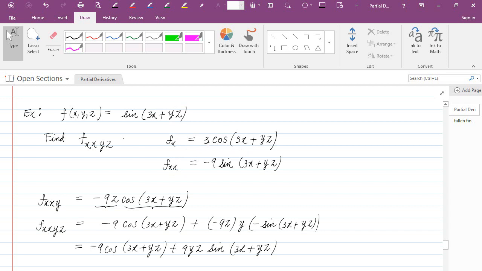So now it'll be 3 times the derivative of cosine of 3x plus yz with respect to x. The derivative of cosine is negative sine, so negative sine evaluated at 3x plus yz. And then we have to multiply by the derivative of 3x plus yz, which is going to be 3 again. We already had a 3 here; another 3 would give us a 9. So that's how we're getting negative 9.